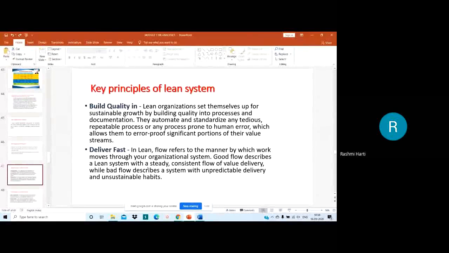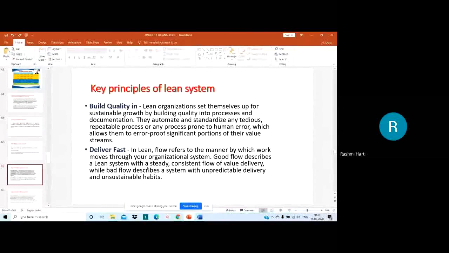Now key principles of lean system. One is build quality in. So it focuses more on quality. Lean organizations set themselves up for sustainable growth by building quality into process and documentation. So there is quality in the production process, as well as documentation of that process. They automate and standardize tedious, repeatable processes, or any processes prone to human error, which allows them to error-proof significant portions of their value stream.